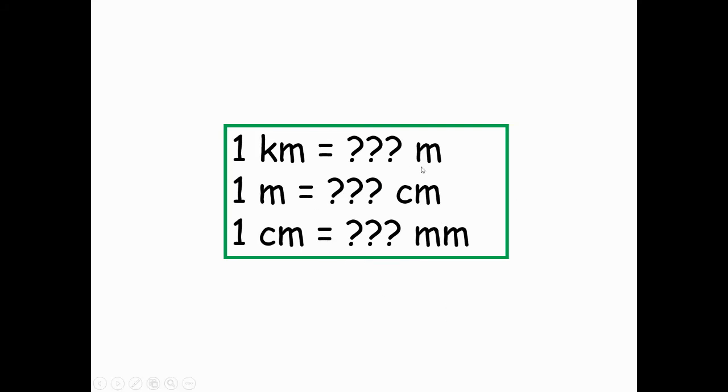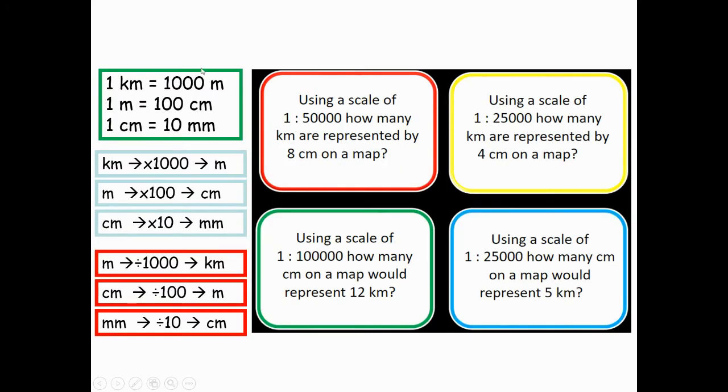Okay, so let's look at some unit conversions. So we've got our reminders up here. If you want to turn kilometers into meters, you have to times by 1,000. If you want to turn meters into centimeters, you've got to times by 100, and so on. And if you want to go the other way around, you're going to be dividing. And the way to get this the right way around, because you might think, well, kilometers going to meters are smaller, so should I times or divide?